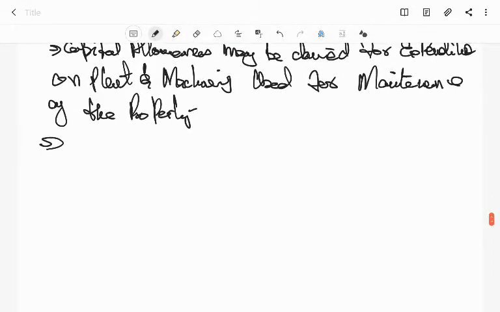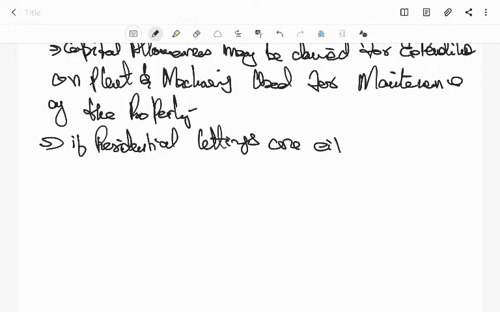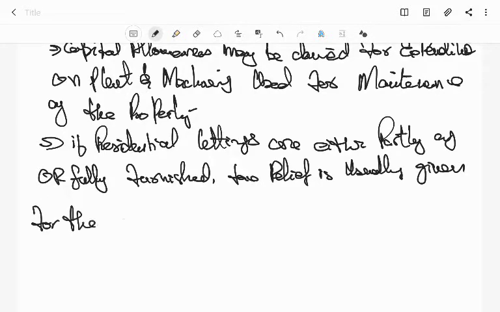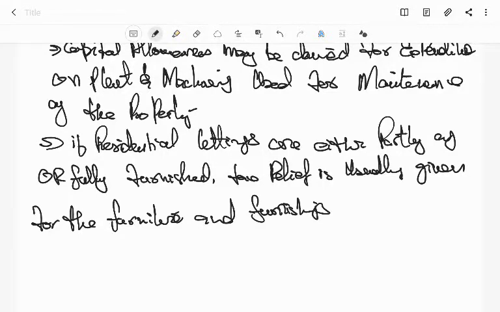If residential lettings are either partly or fully furnished, tax relief is usually given for the furniture and furnishings by replacement furniture relief.